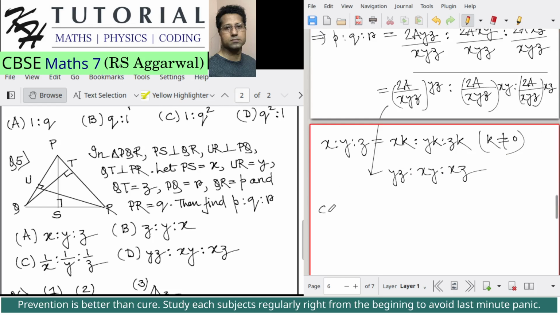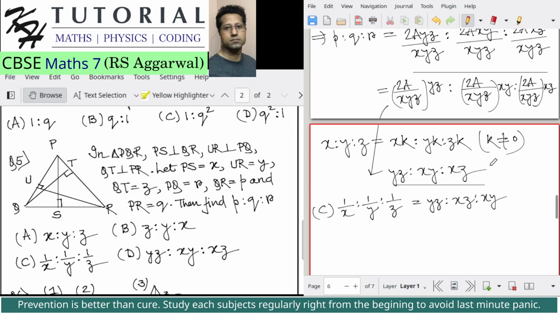Choice C is given as 1 by x is to 1 by y is to 1 by z. This should be equal to, if I multiply all the parts by xyz, yz is to xz is to xy, which is definitely not equal to yz is to xy is to xz.